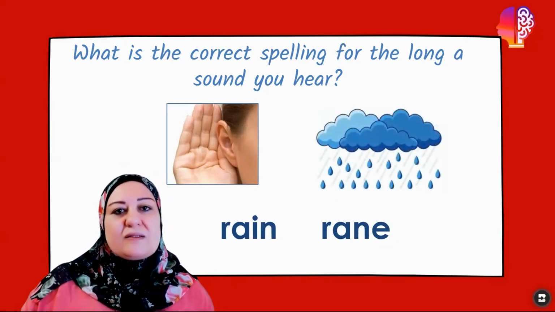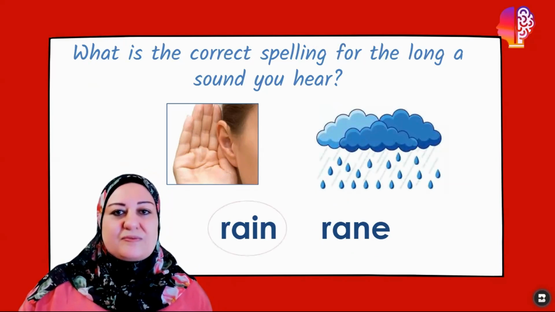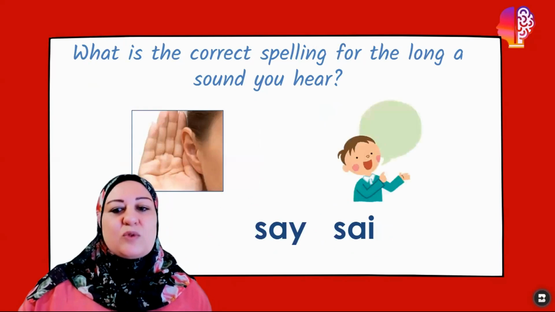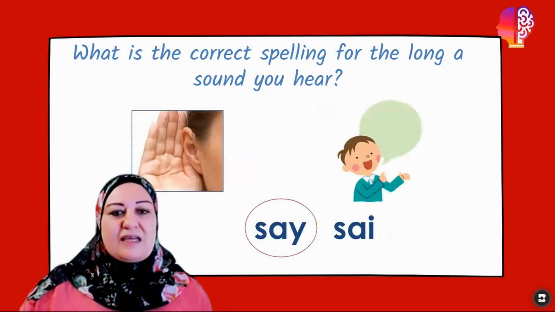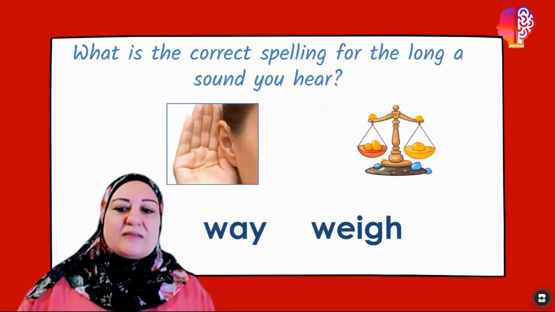How about rain? What is the correct spelling of the word rain? Okay, R-A-I-N. How about the word say? Yes, S-A-Y. How about the word weigh? Like when you weigh something on the scale, weigh.